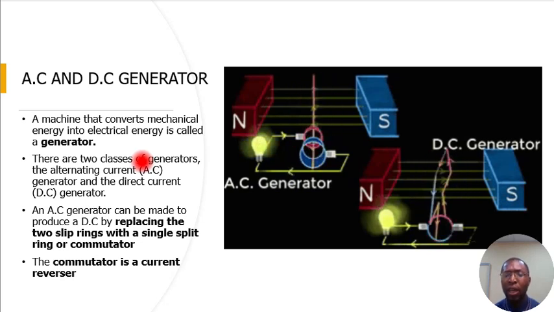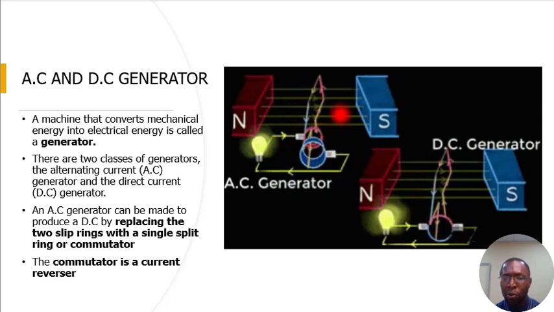Of course, this is a typical diagram of an AC generator. It has a horseshoe magnet having a north and a south pole. This is the armature, what we have been referring to as the coil.